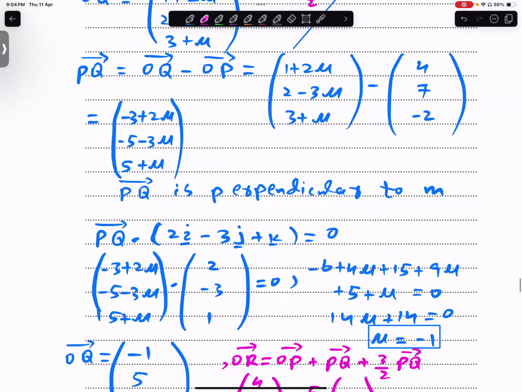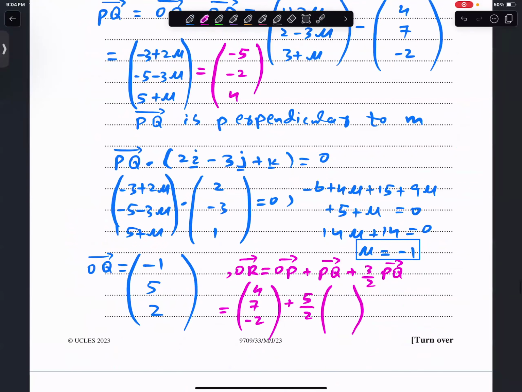Now, student, this is PQ. Let's put the negative 1 here also. Minus 1 here will give you minus 5, and then minus 2, and then 4. This was my PQ: minus 5, minus 2, 4.